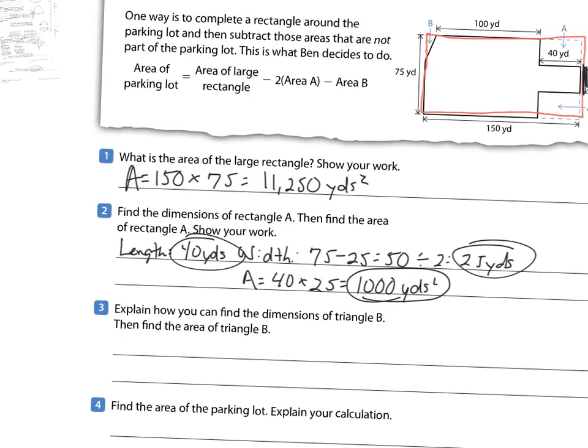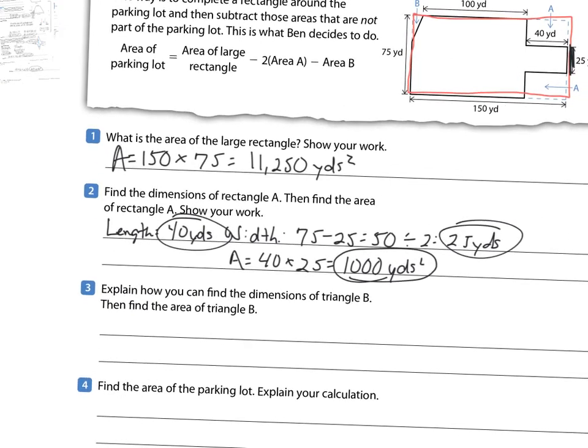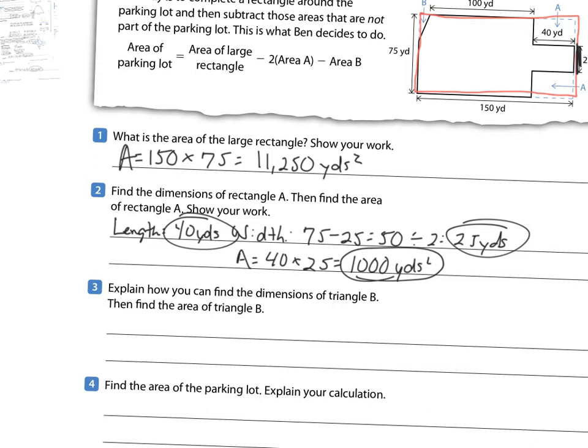Number 3 says explain how you can find the dimensions of triangle B. The base, I would use the math to find the base of triangle B. I'm going to take 150 and subtract 100 and also subtract 40, which would leave me the base to be 10 yards. The height, similar work, different values.